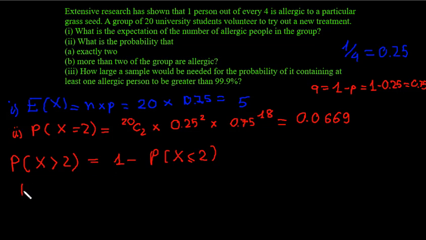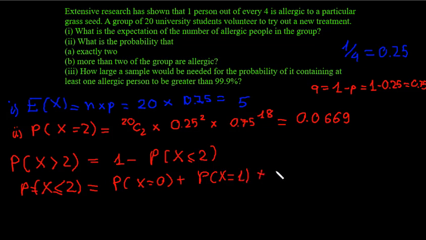P of X smaller or equal to 2 is equal to P of X equal to 0, plus P of X equal to 1, plus P of X equal to 2.